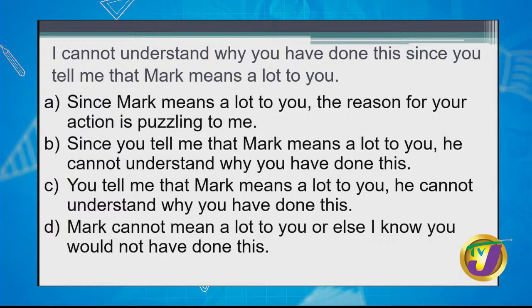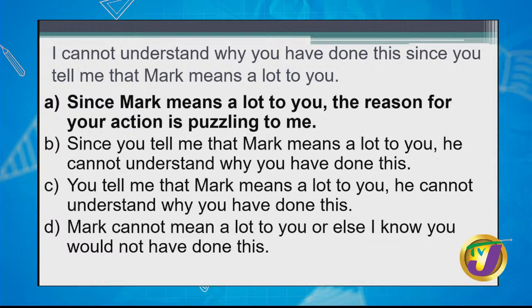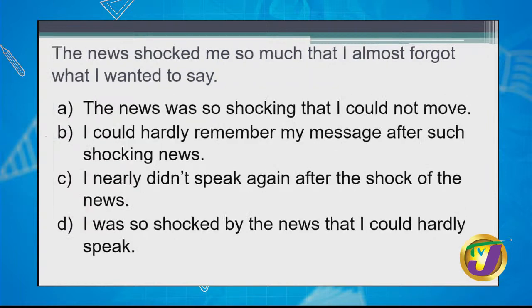Remember now, A or D needs to say, I cannot understand why you have done this, since you tell me that Mark means a lot to you. And your answer, therefore, should be, since Mark means a lot to you, the reason for your action is puzzling to me. Puzzling means I don't understand. And you said he means a lot to you, so since he means a lot to you. Now, let's move on to our next one.